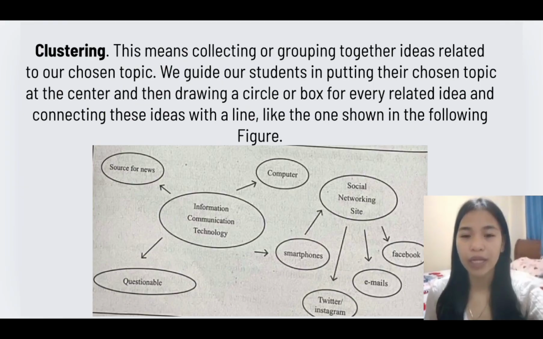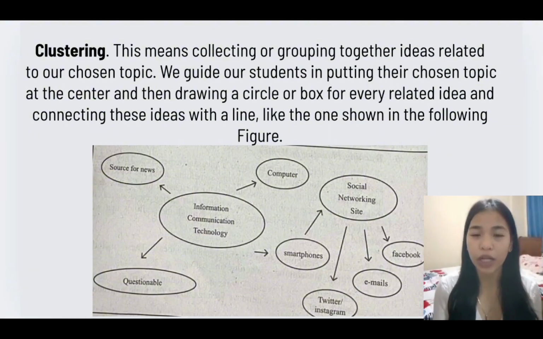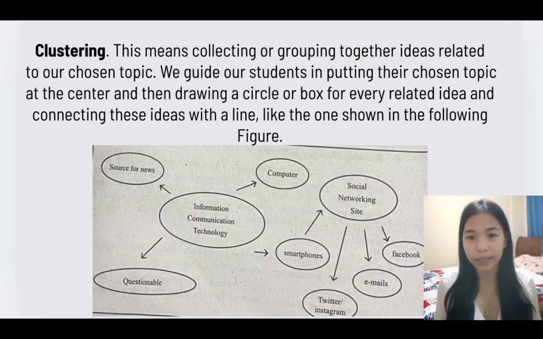Let me give you an example so you'll understand. If your topic is social networking, what comes into your mind that's connected to social networking? Facebook, Twitter, Instagram, emails, YouTube, and others.